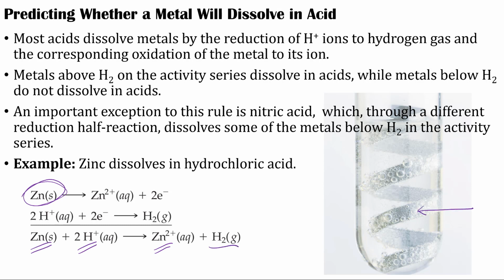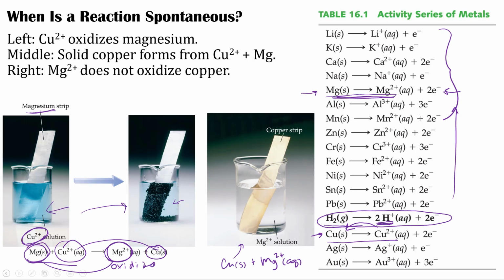They're hydrogen gas forming in the solution. If we go back and look at the activity series, zinc is right here, and H2 is right here. This reaction would rather be reduced, so the H+ goes in as a reactant. So it gets flipped.